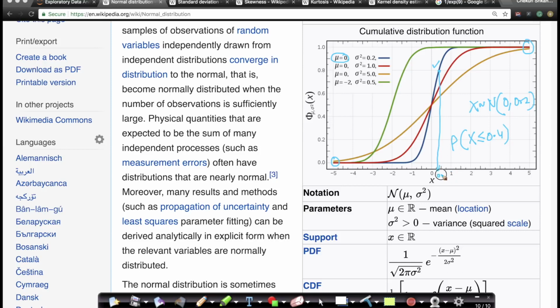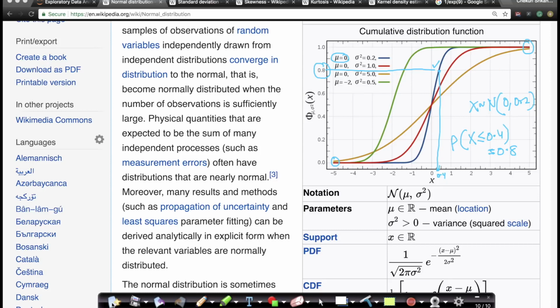So this height, let's assume, corresponds to 0.8. What it says is the height of my CDF tells me the probability that my random variable X takes values less than or equal to 0.4, and that will be 0.8, right? That's what your CDF informs us about.